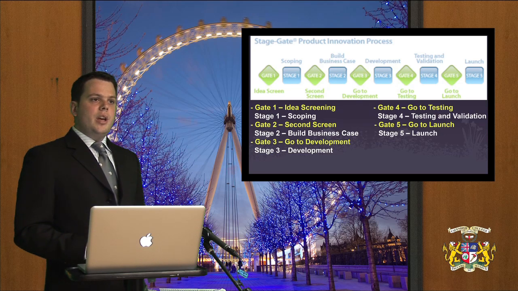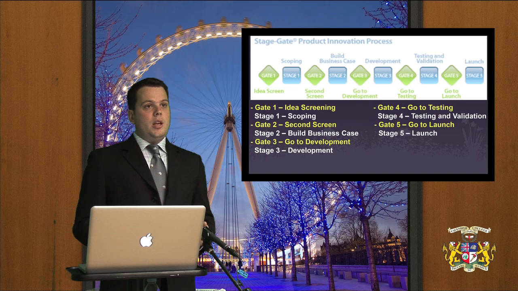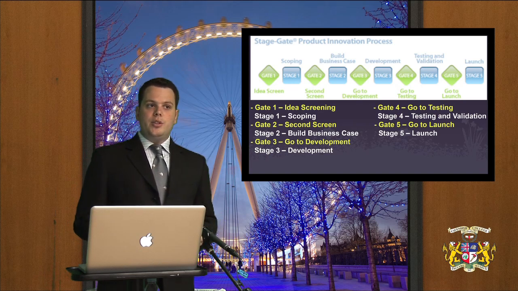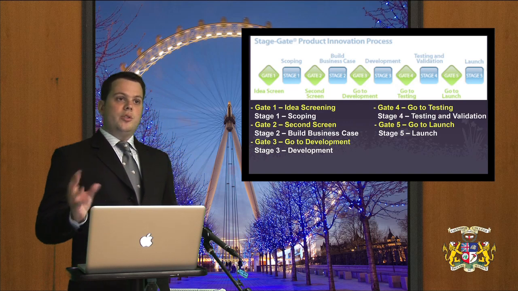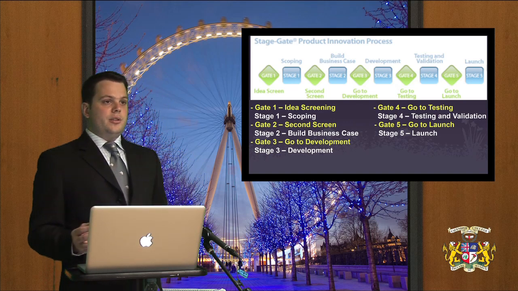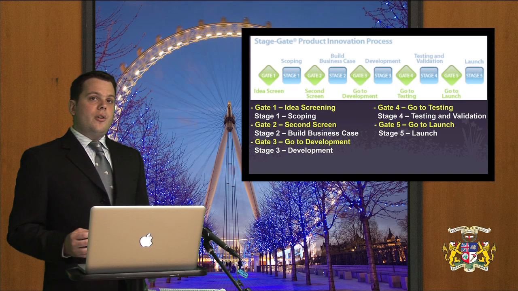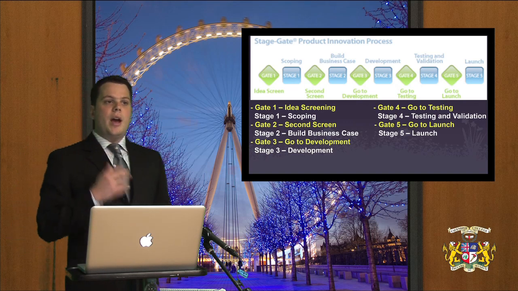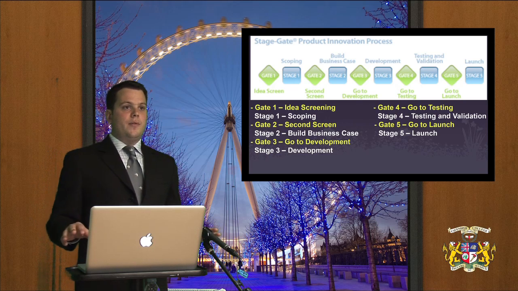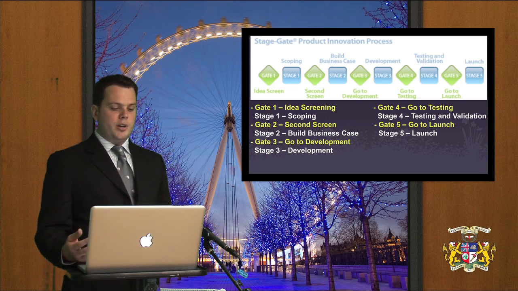In each gate, the project management team must make a decision whether to continue with the project, to kill the project, or to recycle the project. In other words, go back and get everything fixed so that the project can move on.